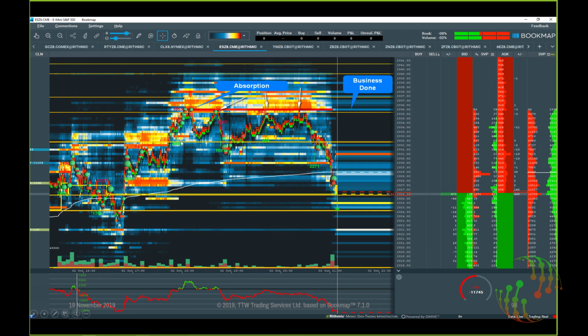Now you see that on this picture too, absorption took place at 36 here. This is a little bit of an older picture, but it shows extremely well what is happening. This is a volume area here. We have a low volume area here. Everything at these levels was absorbed, and then they are pulling their liquidity at this level, and that means business is done.